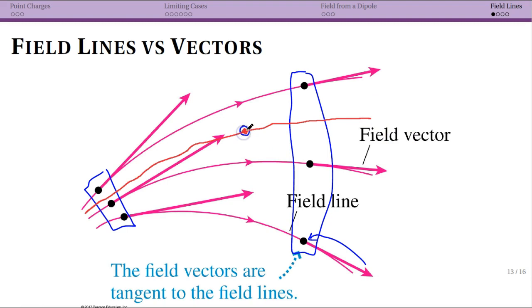I can draw my field vector, which would be tangent, and it would be a size in between what's happening out here and what's happening here, since the spacing is in between. So even if you have just an open spot, you need to basically interpolate. You need to look at what's happening around it and fill in a reasonable way. So hopefully that makes sense.